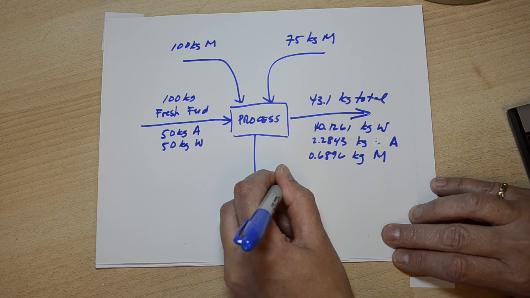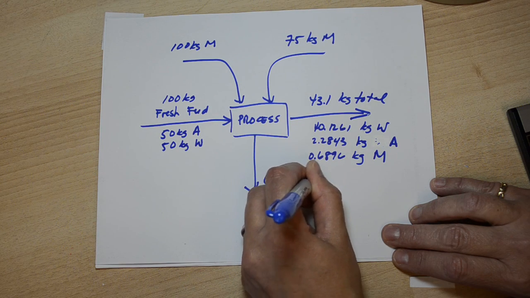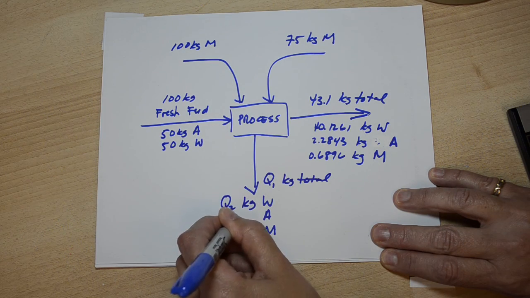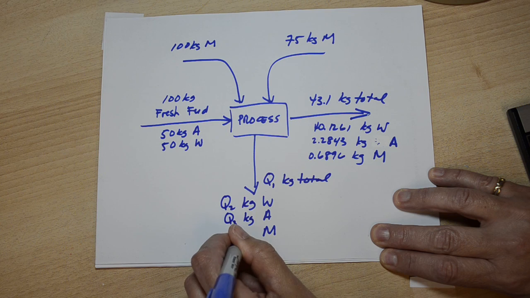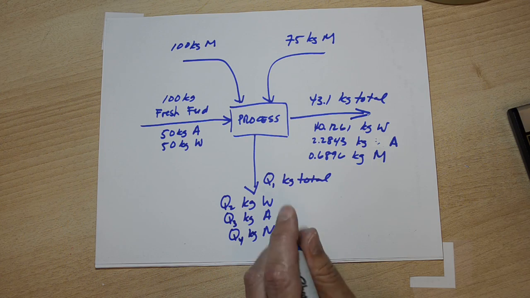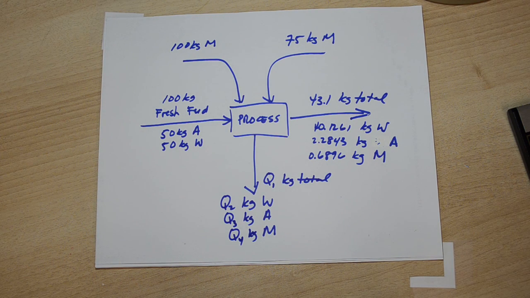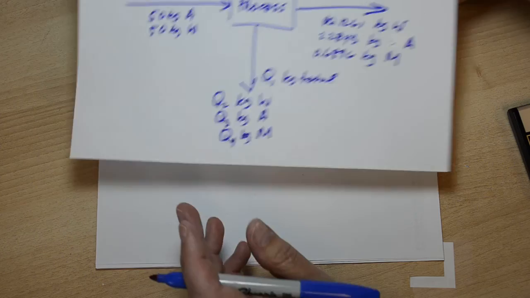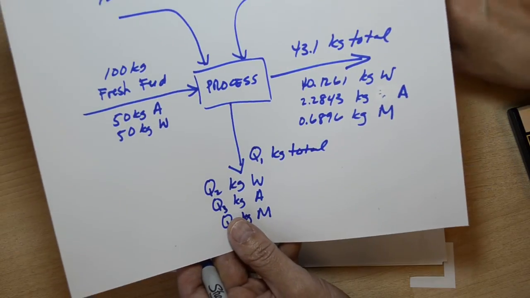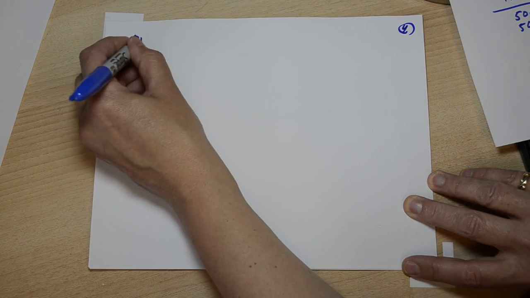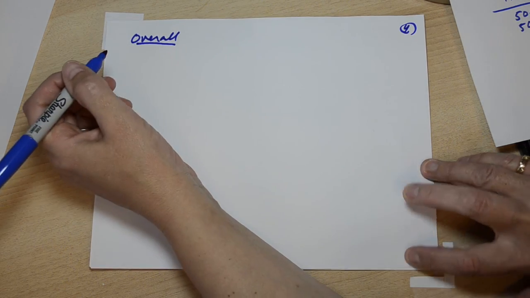I'm going to call Q1 the number of kilograms total. I'm going to call Q2 the number of kilograms of water, Q3 the number of kilograms of acetone, and Q4 the number of kilograms of MIBK. So let me put some labels on so that I can put these in order for you later. Now let's do the balances. So I'm now going to do an overall balance. The overall balance is mass in equals mass out.